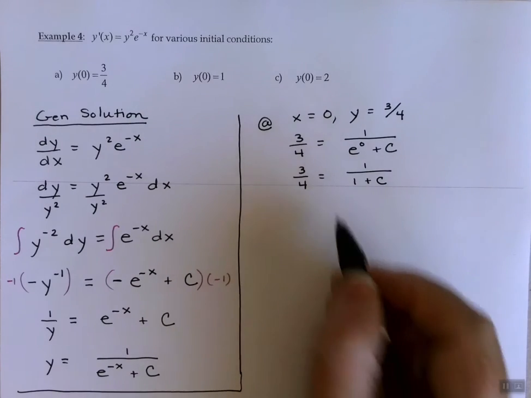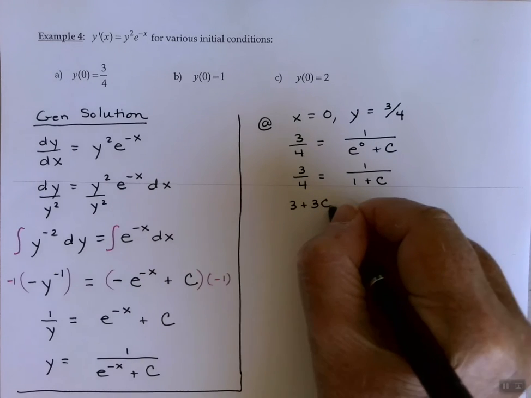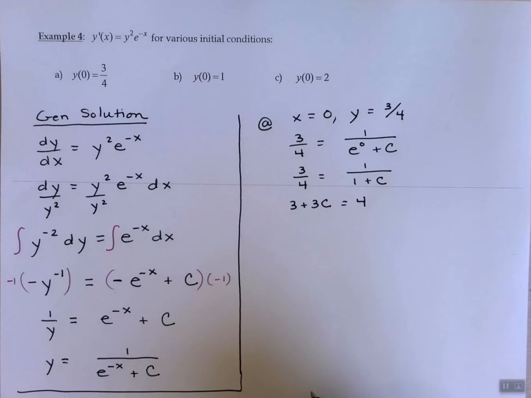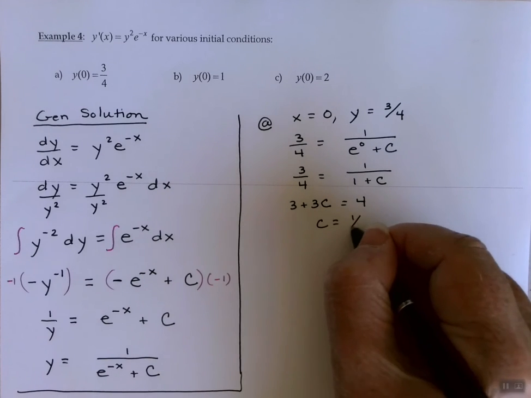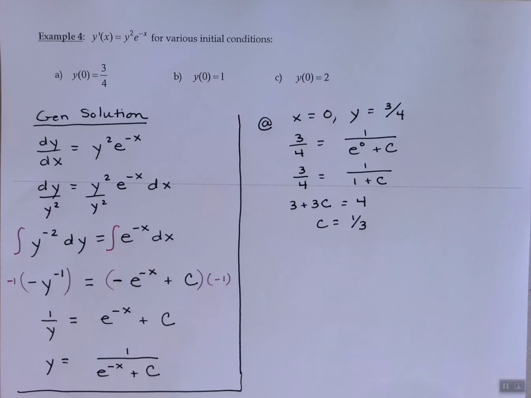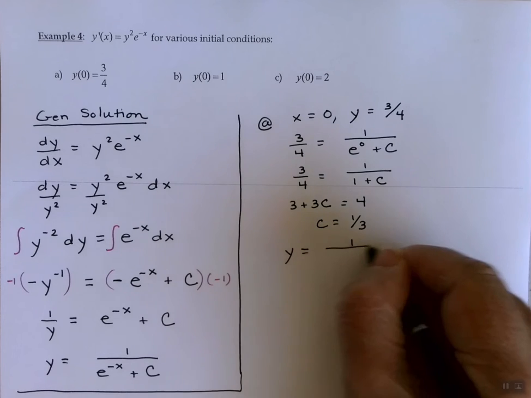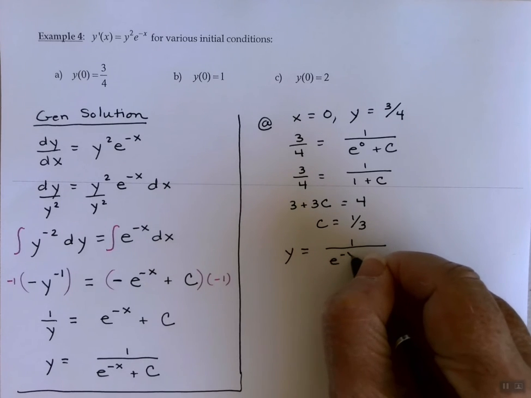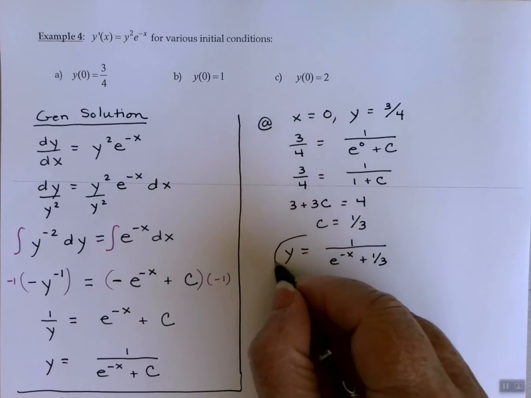I'm just going to cross multiply here. 3 plus 3c equals 4. So 3c would be 1, and c would be a third. That gives me the particular solution, y equals 1 over e to the minus x plus a third.